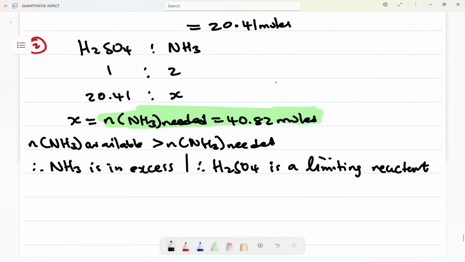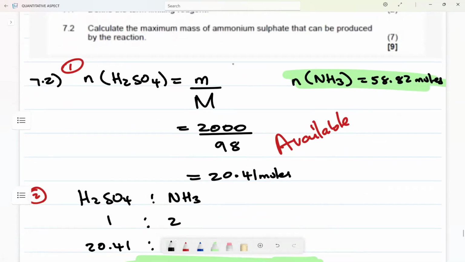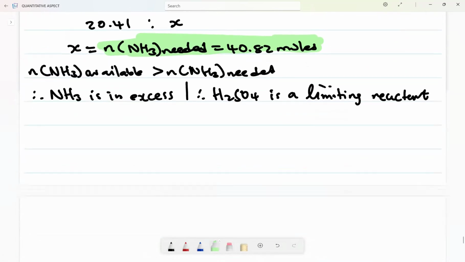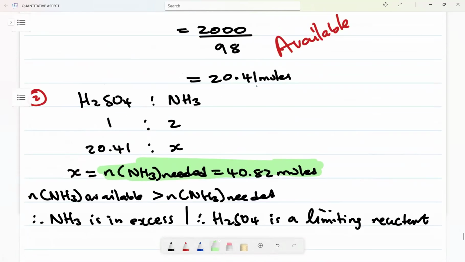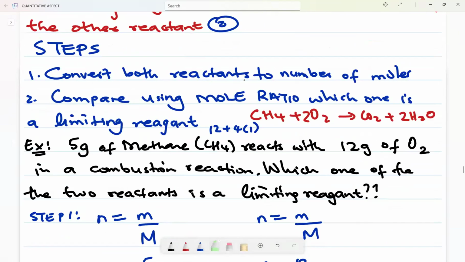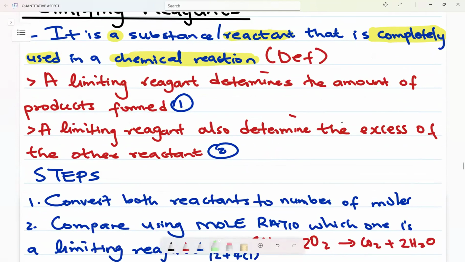Now remember, I'm done with determining the limiting reagent, step 1, step 2. Where do I go? Stoichiometric calculation, because now the question is to calculate the maximum mass of ammonium sulfate that can be produced. Remember I told you that the limiting reagent determines the amount of product formed. So let's actually do that.